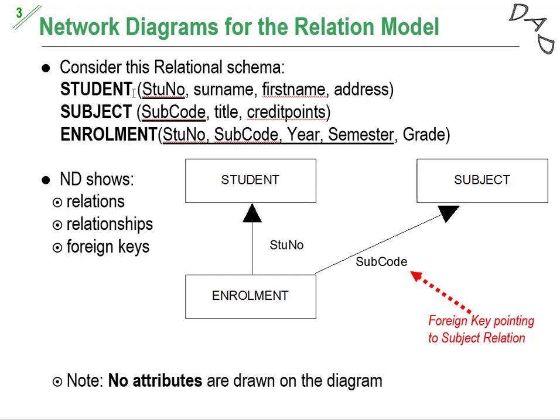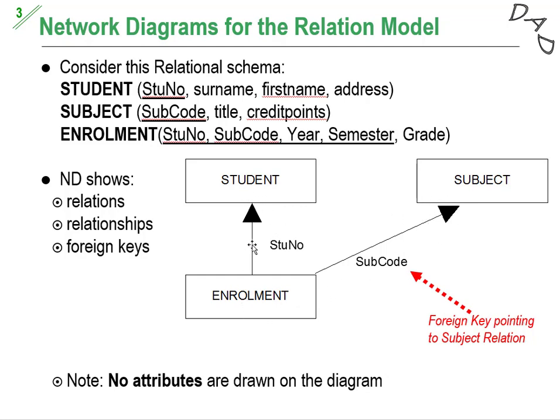So how are you going to show this in a network diagram? As I mentioned before, in a network diagram we need to show the relations. We show relations as boxes, like what we did in the entity relationship diagram. So we have the student entity, the subject entity and the enrollment entity, and then we show the relationships. A relationship is shown by arrows, right?